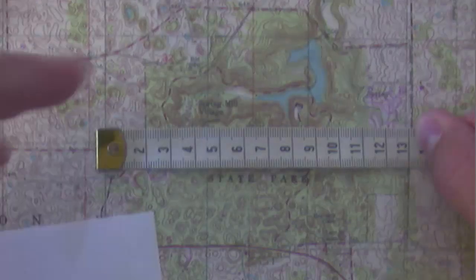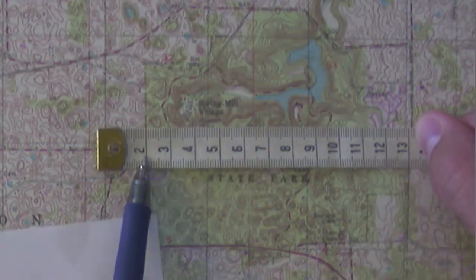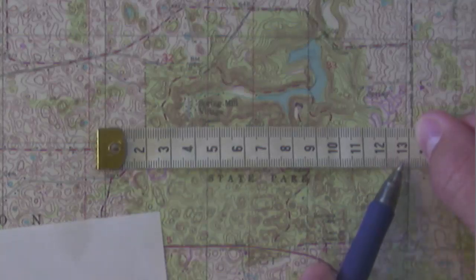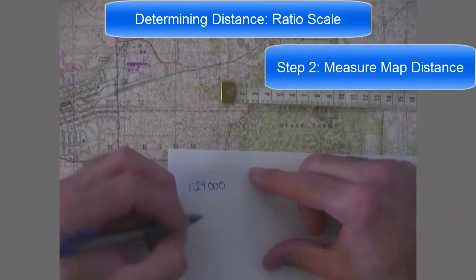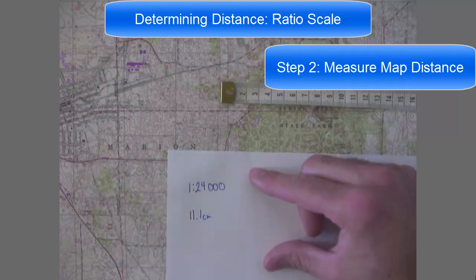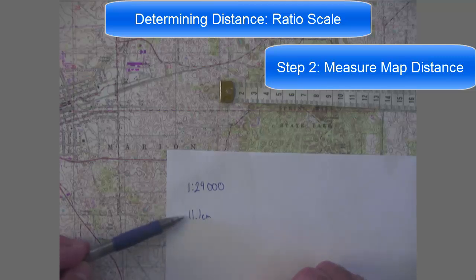Now, it's really not 13.1 across because I'm starting from the 2. So if I take away 2, it's really 11.1 centimeters. So on this map, it is 11.1 centimeters across. This is my measured distance. That's the second step: you're going to actually take a measure of the map distance.